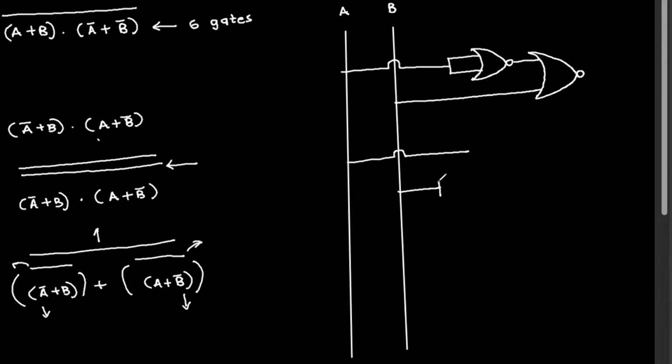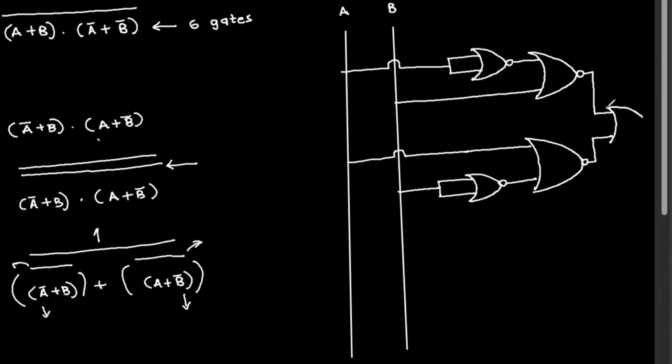So we'll run the signal B twice into one NOR gate, and now we can pass it to this guy. Finally, these two signals will be sent through a single NOR gate, and you will have the output without any issues.